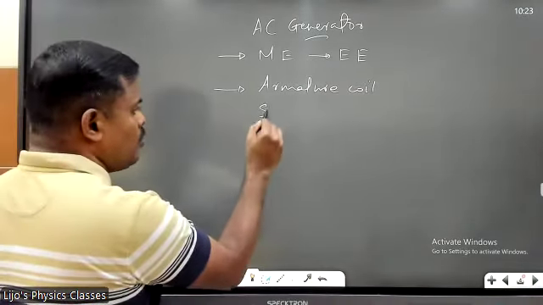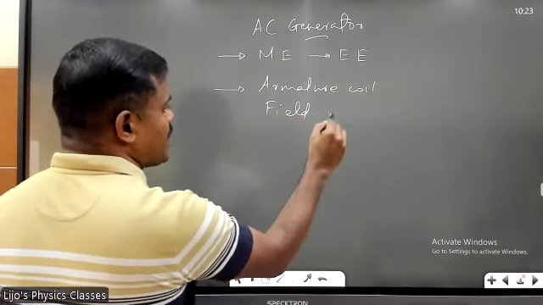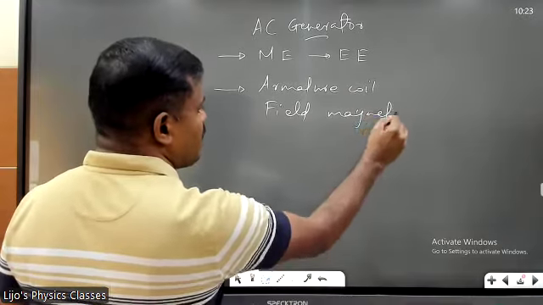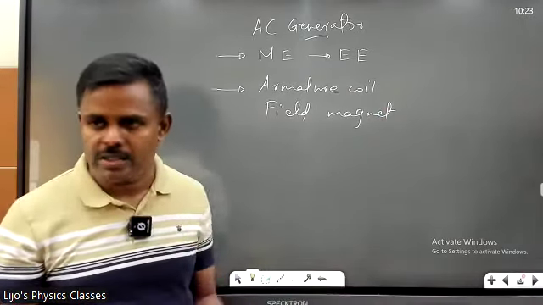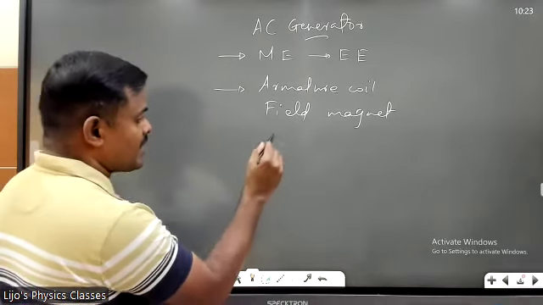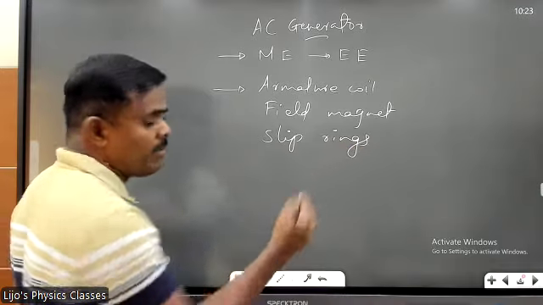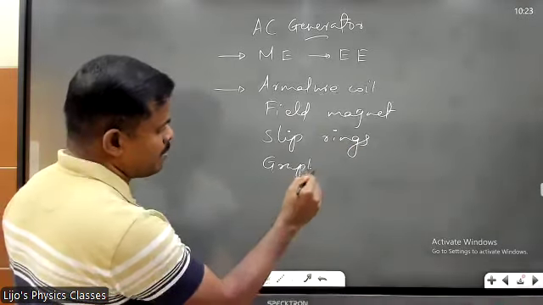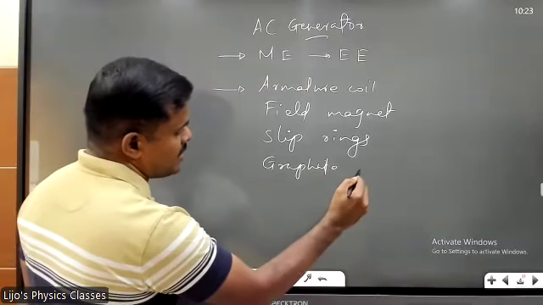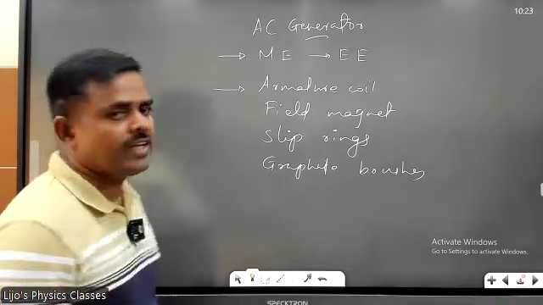Then there is a giant magnet called the field magnet. I'll show you a prototype of this, a small generator, in the next class. Then there are two rings called slip rings, if you remember what you learned in class 10. And then there are graphite or carbon brushes. These are the components of an AC generator.